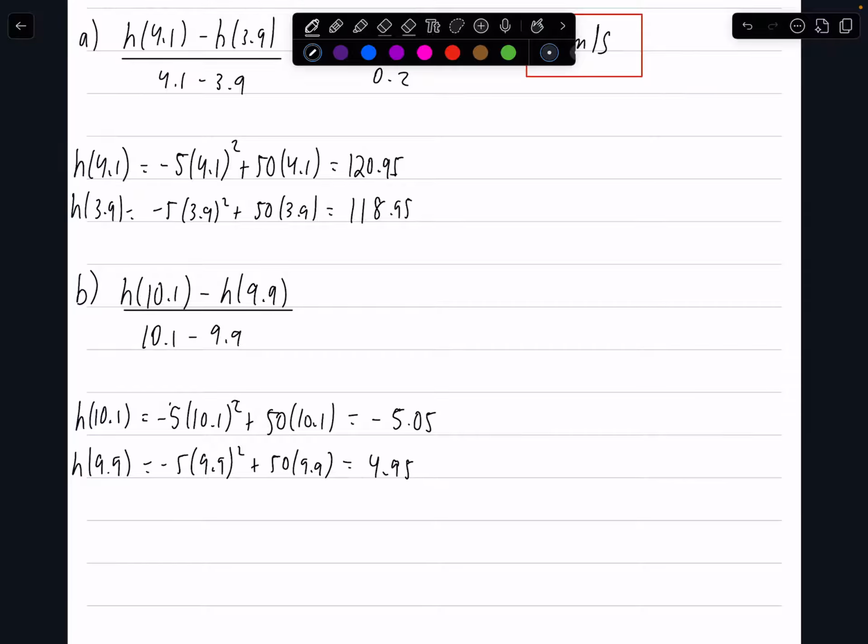Cool. Now, when you have this, let me just double check my math for a sec. 9.9 squared times negative 5 plus 50 times 9.9. Yep. Okay, cool. So now what we're going to do is plug it in.